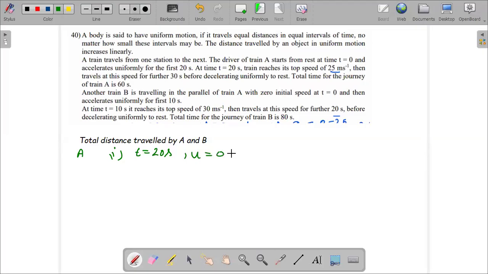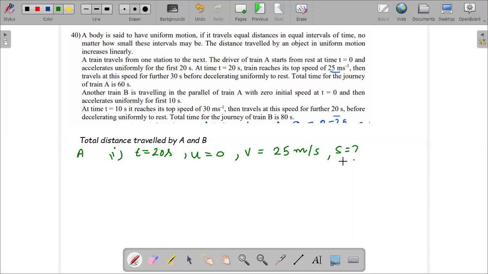The train attains a final velocity v equals 25 meters per second. And we need to find the distance here. So which formula is to be used? Speed is distance by time? No, this is not a uniform motion. This is an accelerated motion. So we will be using v minus u over t.